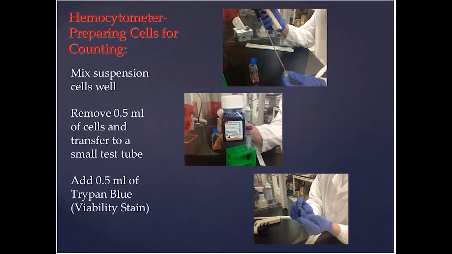Okay, the next piece of important information is how do you get the cells ready for counting when you are doing a hemocytometer enumeration. Now, first thing I want to point out is that the method I'm describing relies on the fact that these cells that we'll be counting are suspension cells. These are suspension cells because they float freely in the liquid. They are not attached to one another or to the plastic that they grow in. They're not attached to the cell culture flask, so it is very easy to mix the cells.